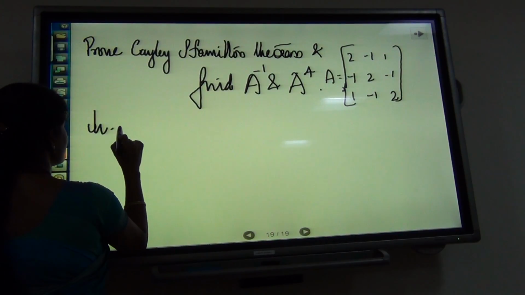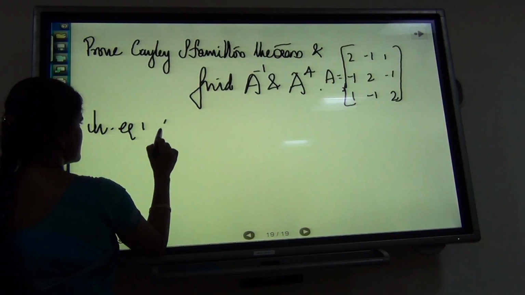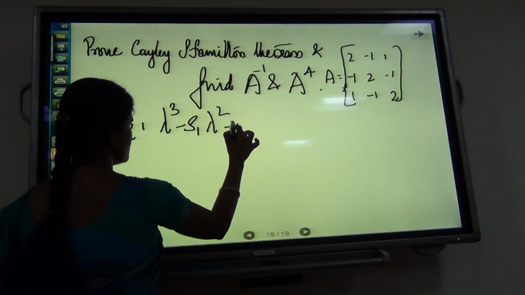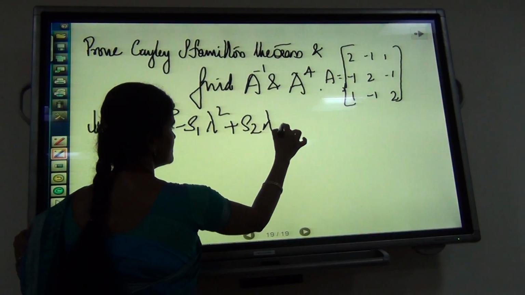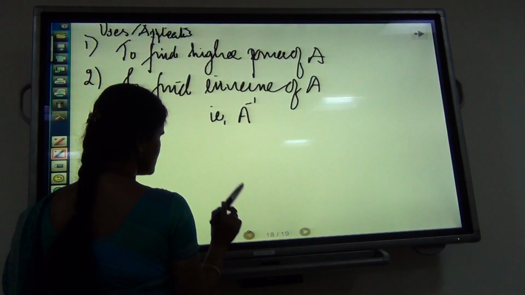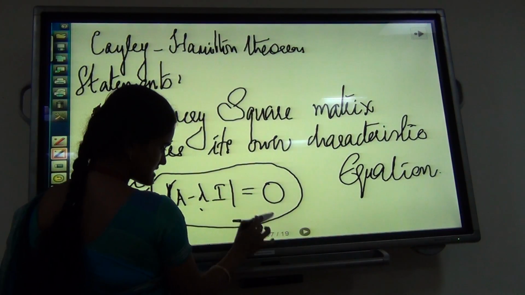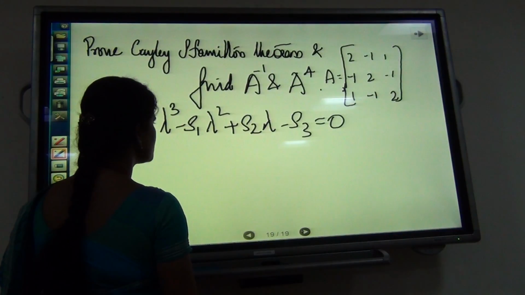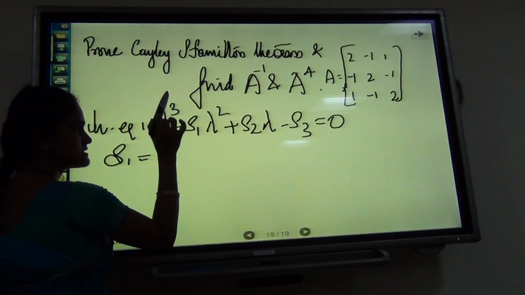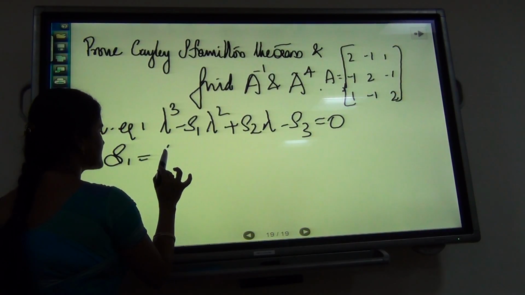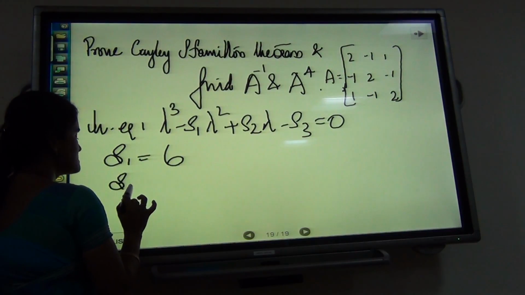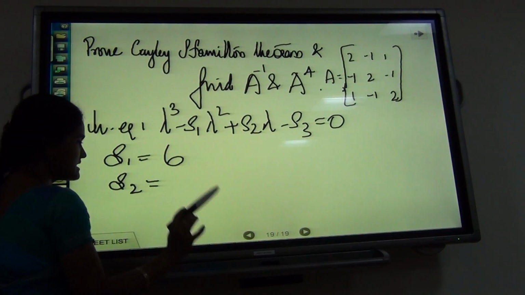It takes the form, for a 3 cross 3 matrix, lambda cube minus S1 lambda square plus S2 lambda minus S3 is equal to 0. This is nothing but determinant of A minus lambda I is equal to 0. Now, as we know how to find S1, it is the sum of the leading diagonal elements, that is 2 plus 2 plus 2, which is 6. And S2 is the sum of the minors of the leading diagonal elements.